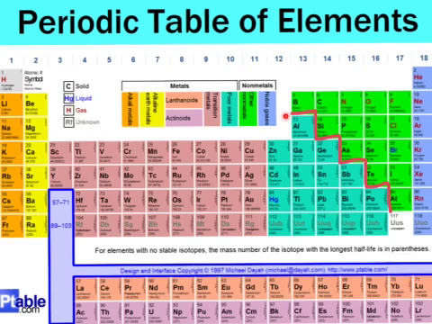So just as a recap, metals on the left of the staircase, non-metals on the right. Touching the staircase are your metalloids, except for aluminum. Now also on the metal side, hydrogen is a non-metal as well.